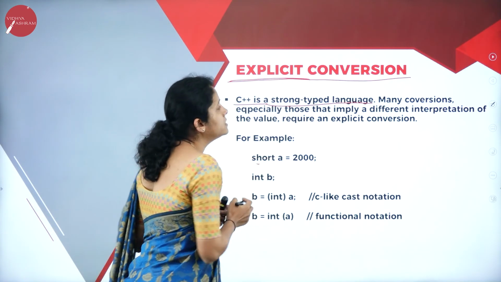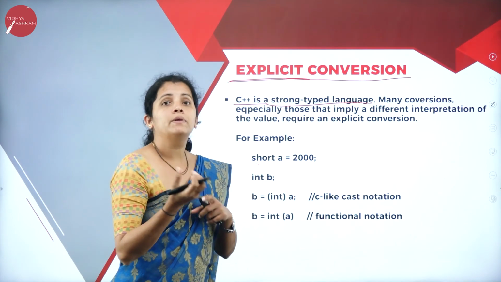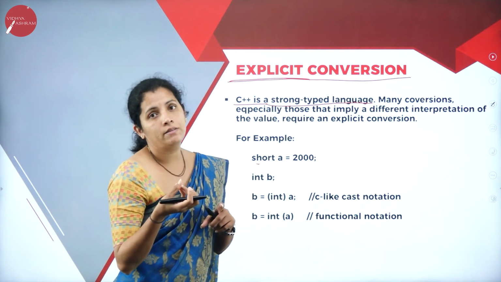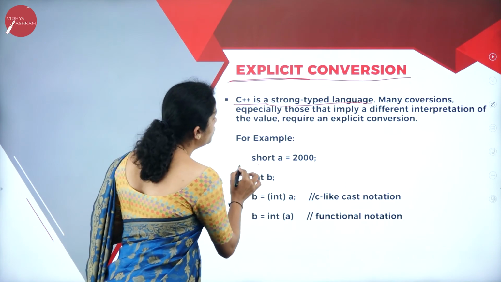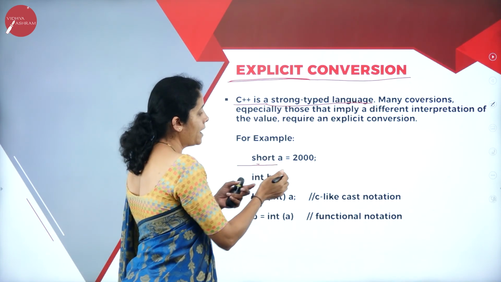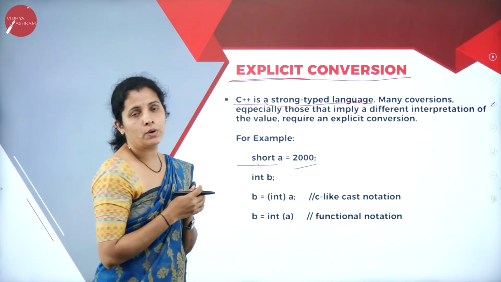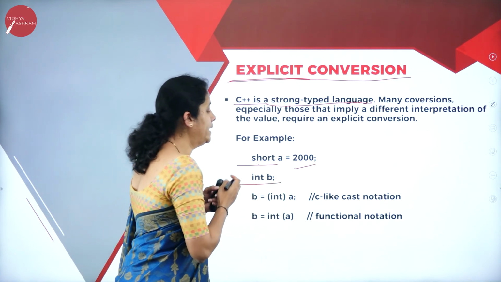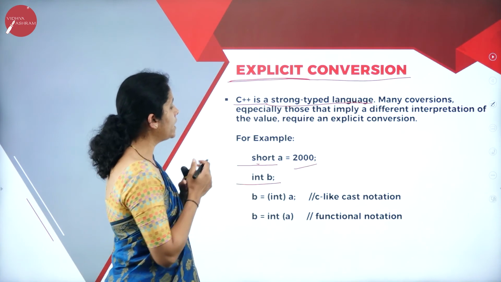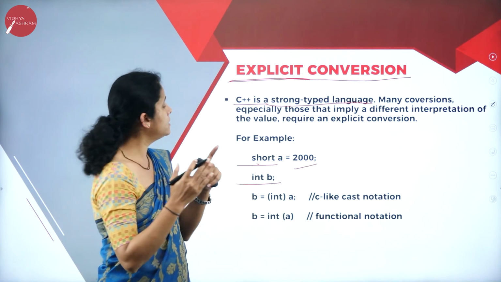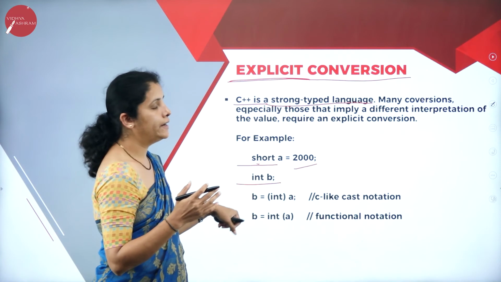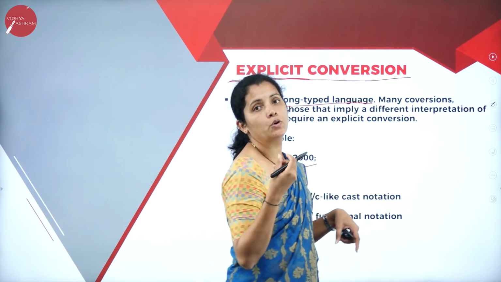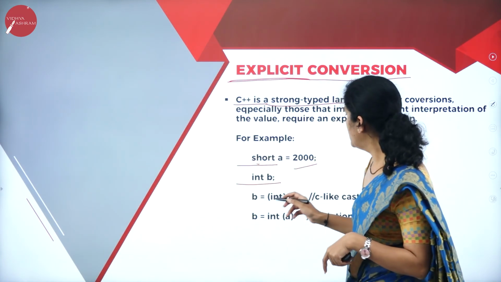So here explicit type conversion means I'm directly going to specify the conversion type. So here I'm going to have short A, and what's the value? That is 2000, and I'm going to have int B. Now what I want to do is convert this short A to integer. So directly I'm going to specify the type conversion.